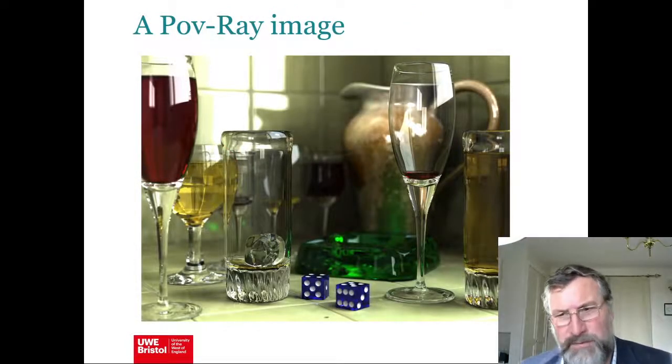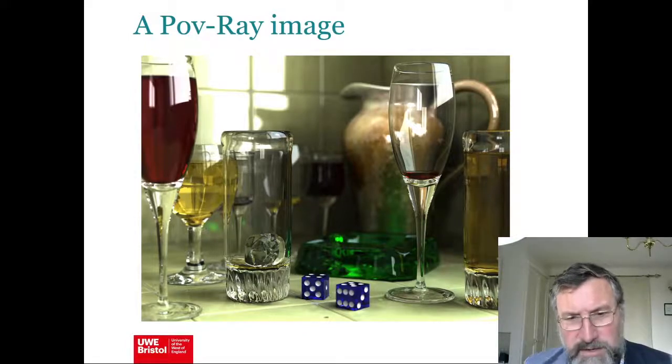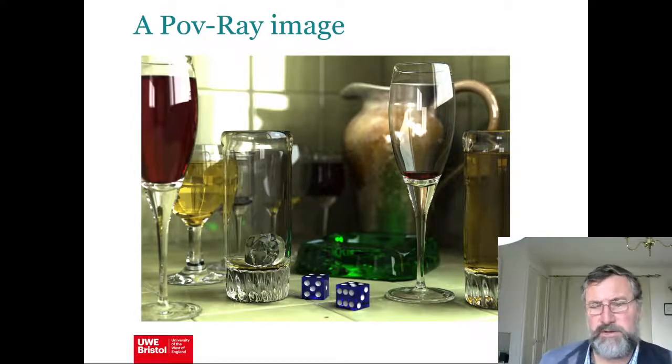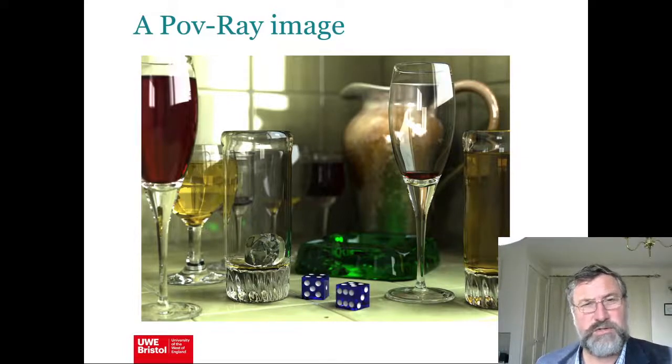Now, I thought this image was good because it really is pretty stunning, I think. It shows you the kind of thing you can do with ray tracing. Now, in ray tracing software, there's something called POVray, which was written in C. And the great thing about this, a lot of people I know have used it for research to some extent.